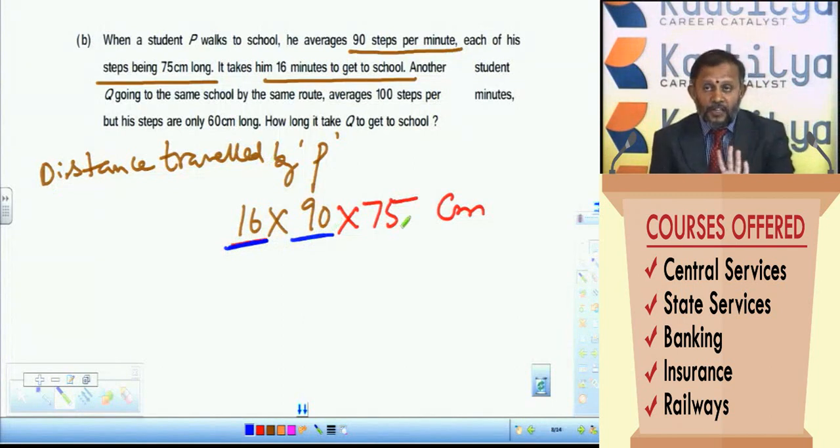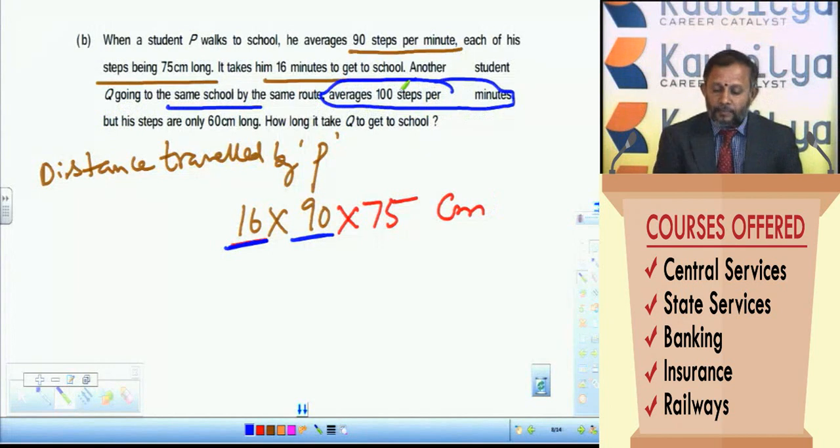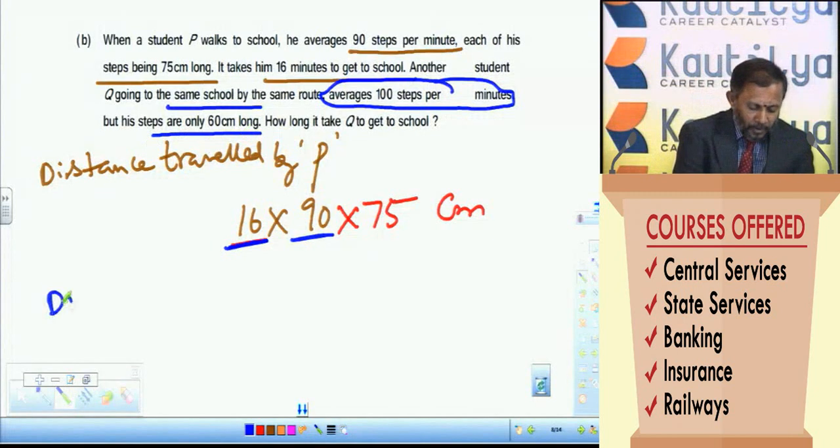It is not necessary to calculate the total distance covered by P, because they are nowhere interested in the distance covered by P. Here what they asked is, another student Q going to the same school, having to cover the same distance, can take 100 steps per minute, and he can take each step of 60 centimeters length only. So therefore we have to take one more step.